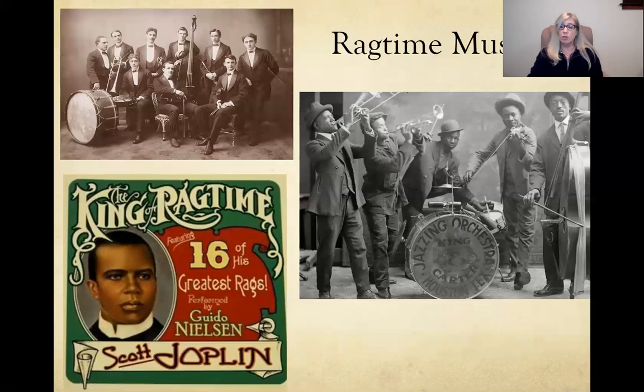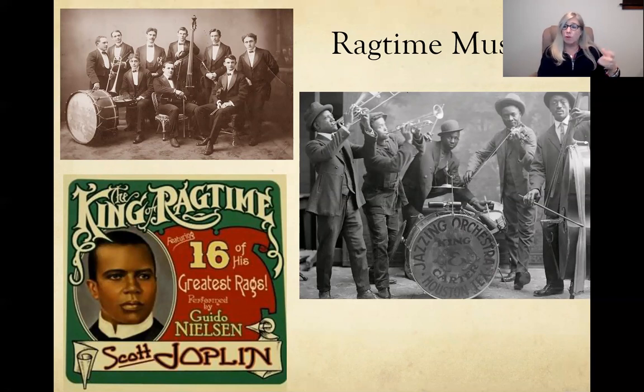Music is also going to be transformed. We've got the rise of ragtime music. Ragtime's going to have a really fast beat to it, and it emerges into blues. So we have ragtime and we have blues that will all be, again, late 1800s and the early 1900s.